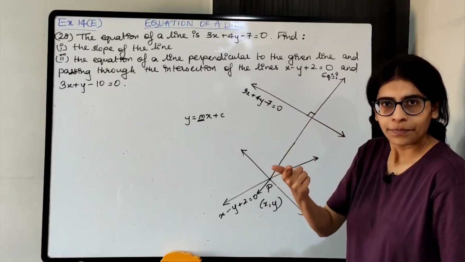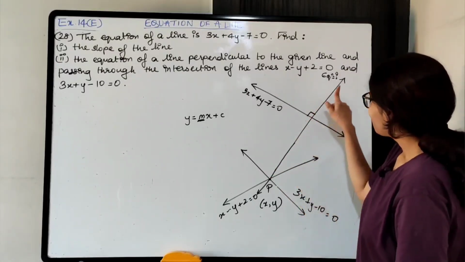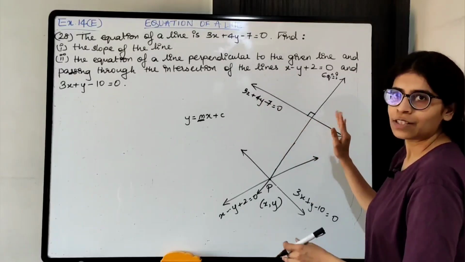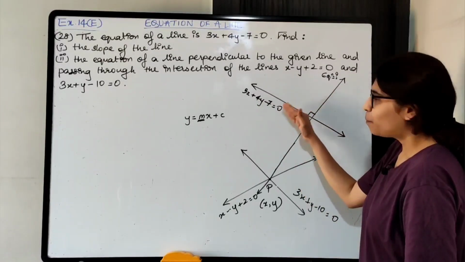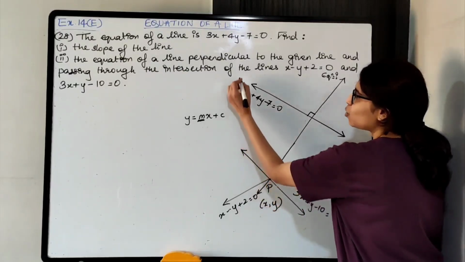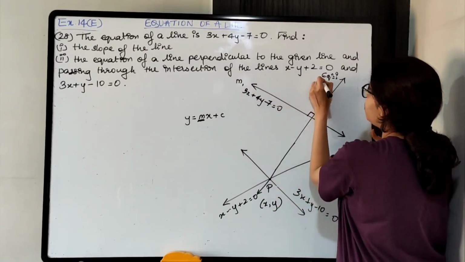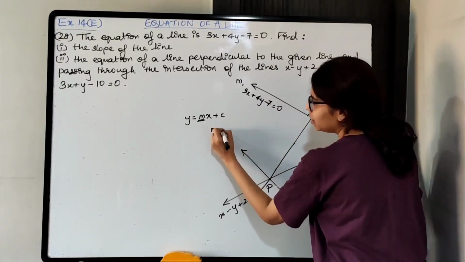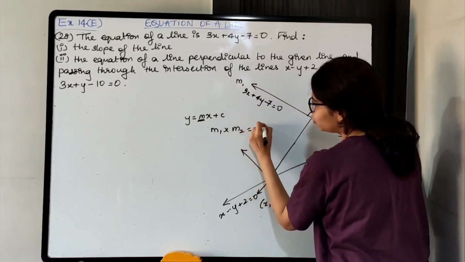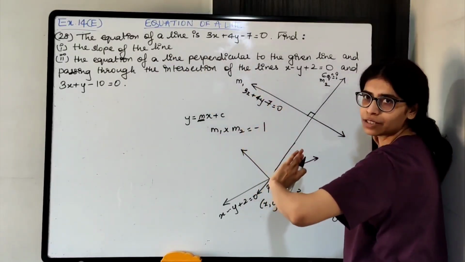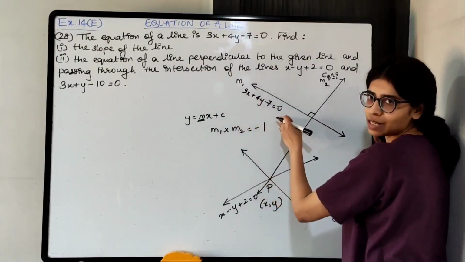I need slope. Slope कहाँ से मिलेगा? This line is perpendicular to 3x + 4y - 7 = 0. So product of the slopes is equal to -1. इसका slope अगर m1 है, इसका slope m2 है, then since the two lines are perpendicular, m1 × m2 = -1. So m1 तो मुझे first part में ही मिल रहा है. I'm finding the slope of this line, है ना?